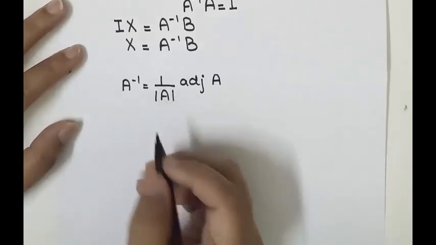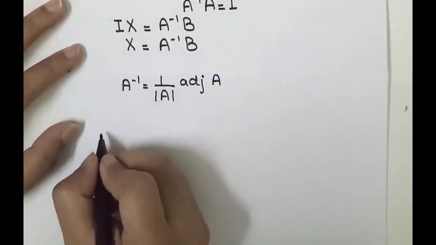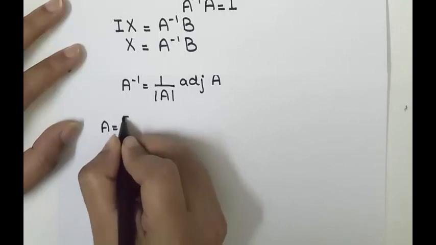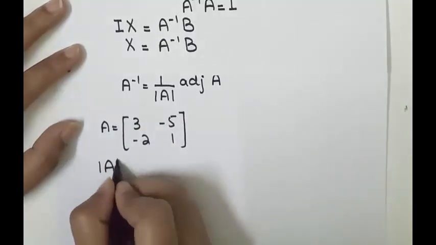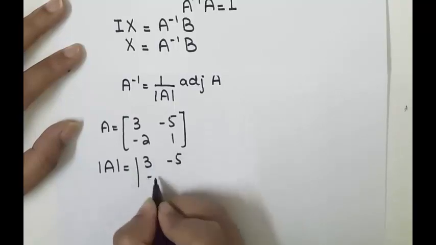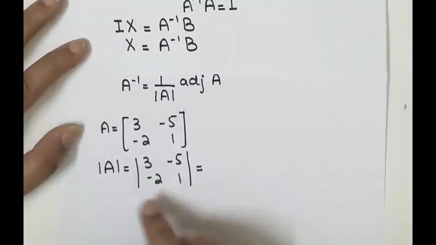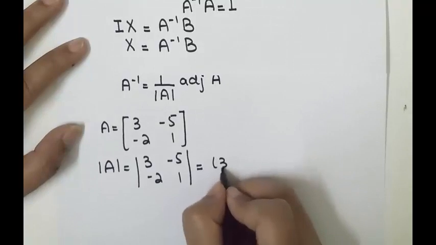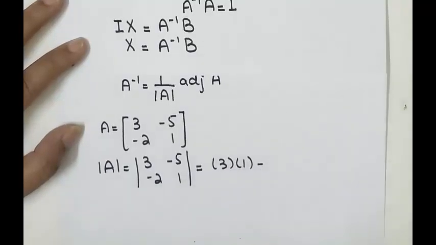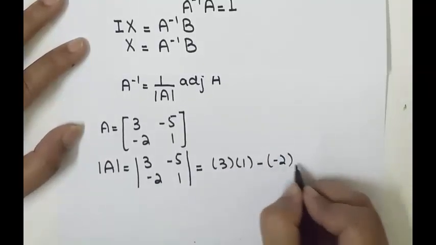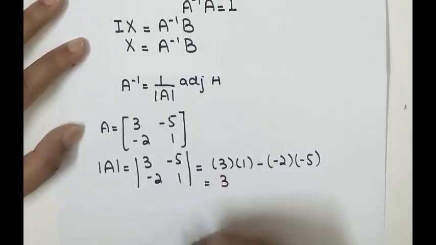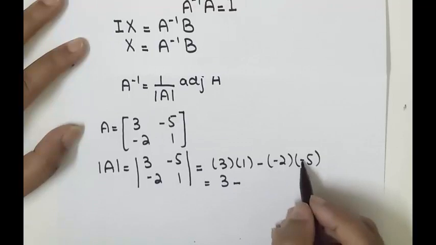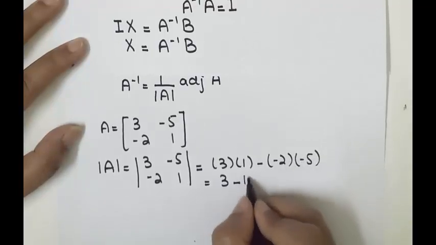For finding the determinant, we have the matrix A, and we cross multiply: 3 times 1 minus (-2) times (-5).